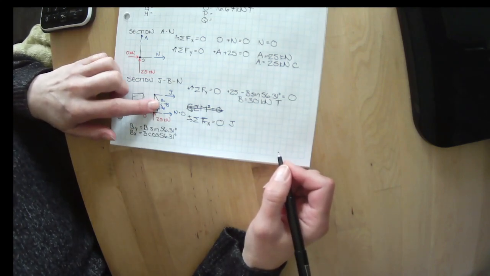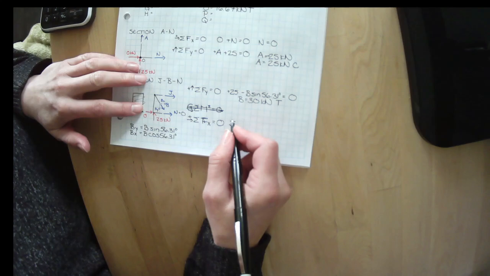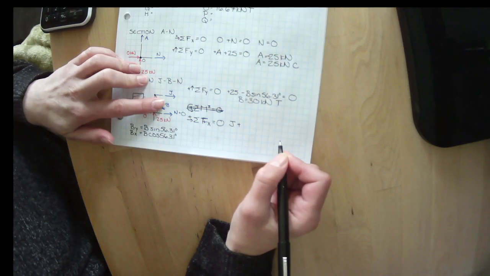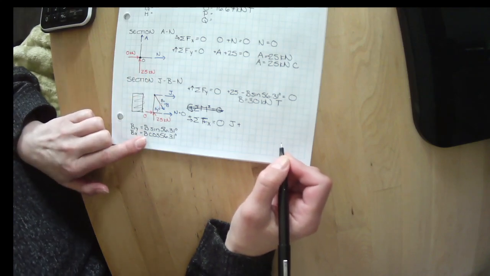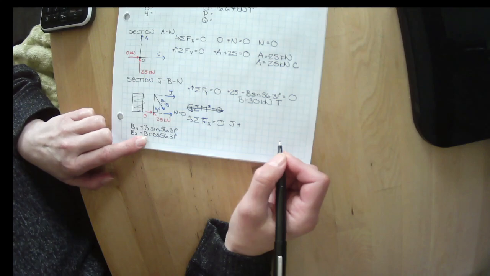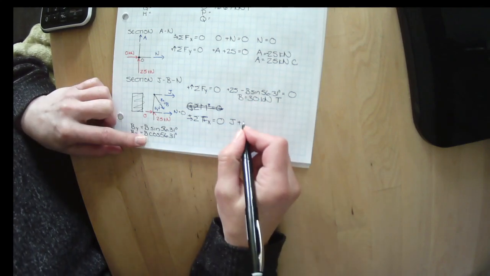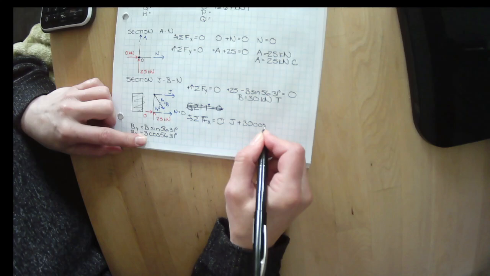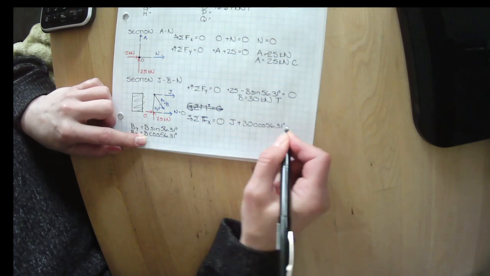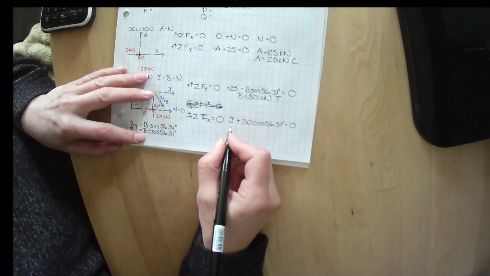So we're left with Bx going in the positive direction, so plus Bx, but we know that Bx is B cosine 56.31, and we've already solved for B, so it's 30 cos 56.31 degrees equals 0.